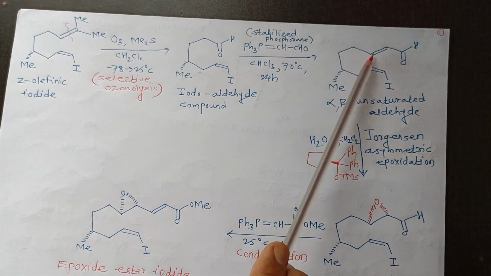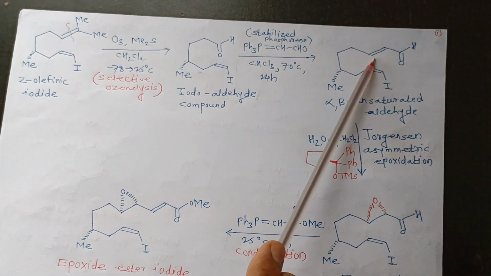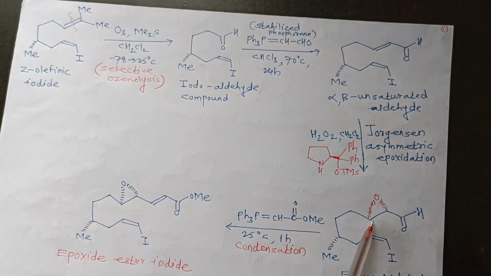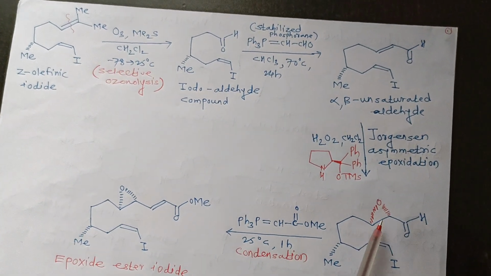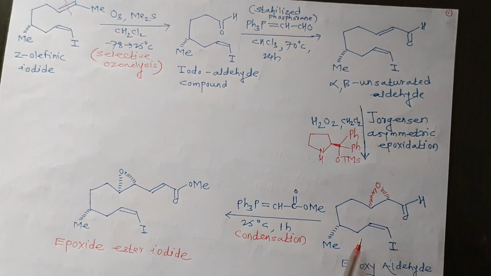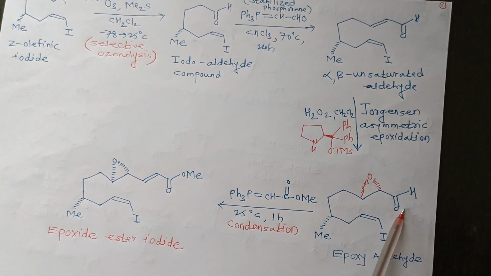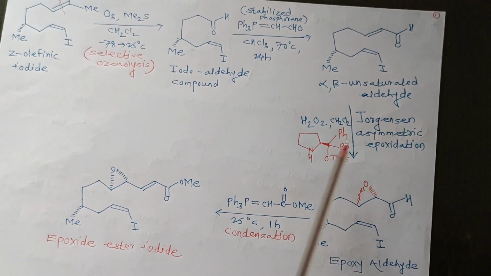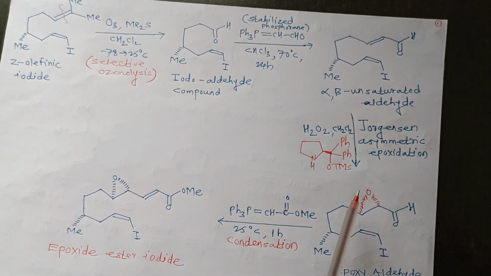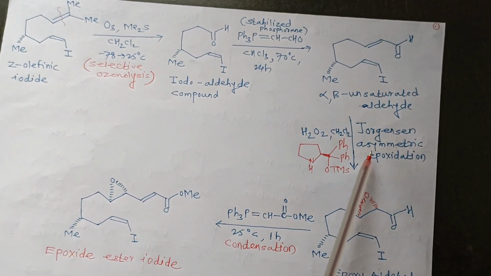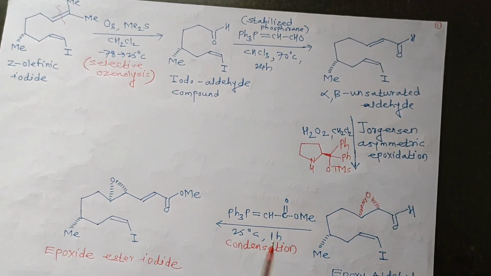Here that double bond selectively undergoes asymmetric epoxidation, and there is formation of epoxide at this particular position. This is the structure of the epoxy aldehyde compound, since it consists of epoxide as well as aldehyde group. This is called Jorgensen asymmetric epoxidation.